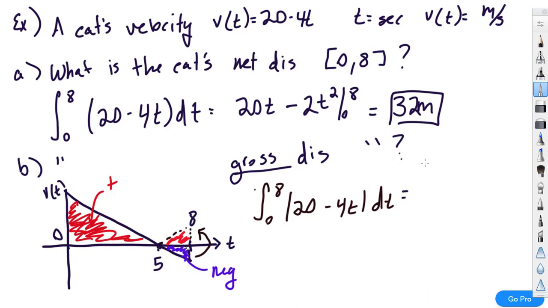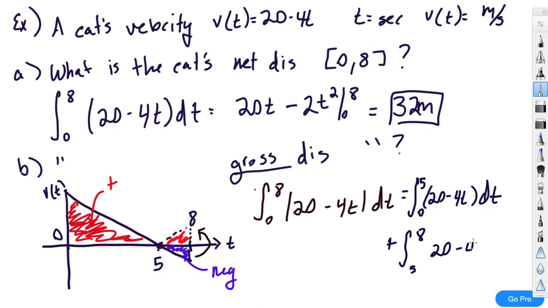So this is going to be equal to the integral from 0 to 5 of 20 minus 4t dt, plus the area from 5 to 8 of 20 minus 4t dt.